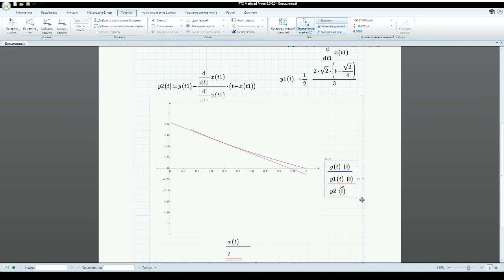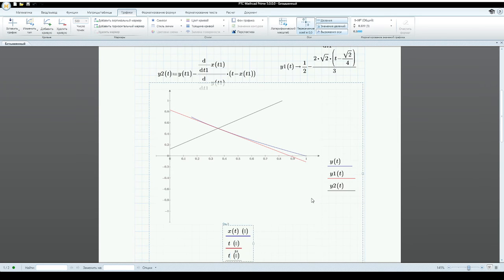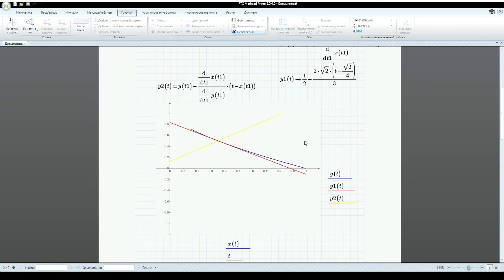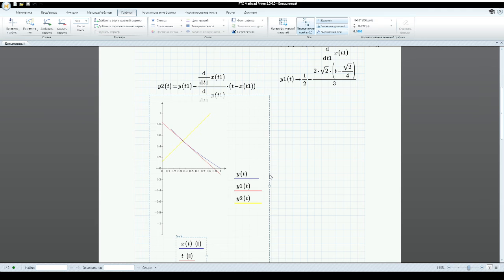It's the normal line. Here 2. This is the normal line, the perpendicular line. Good.